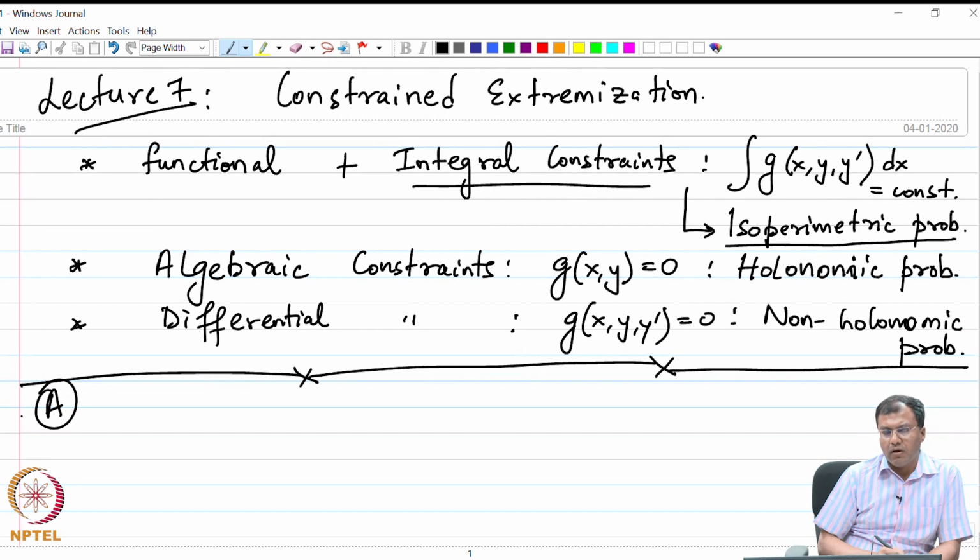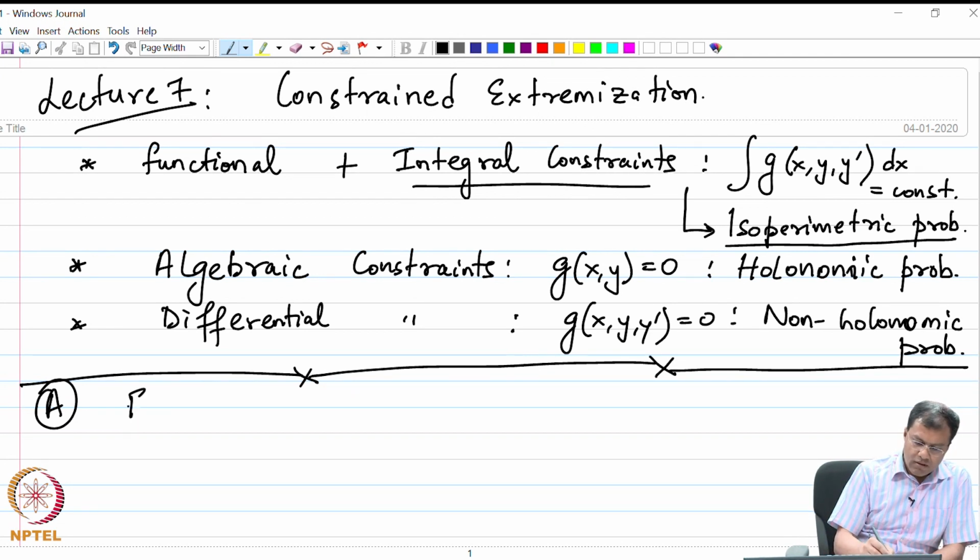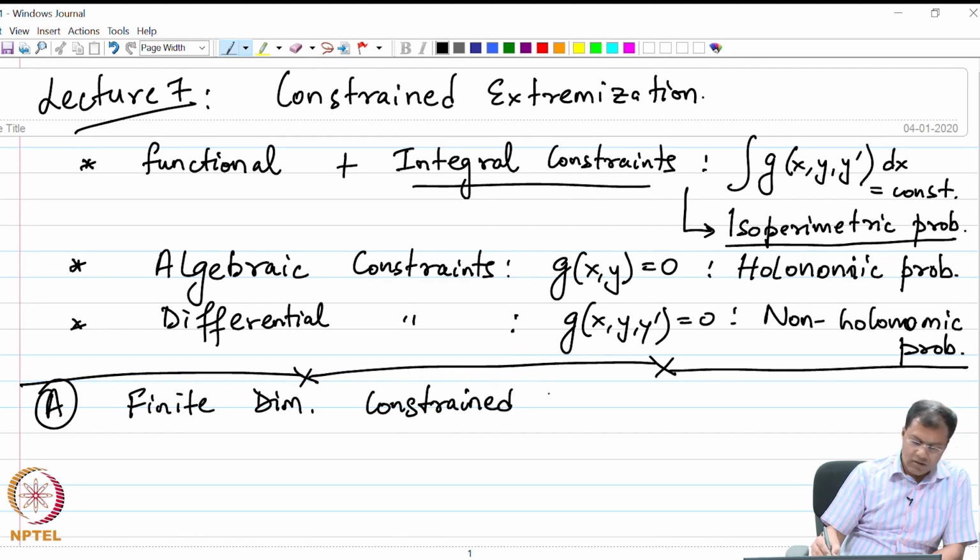Part of them have already been discussed, but part of them are now going to be discussed in finite dimensional constrained function optimization.